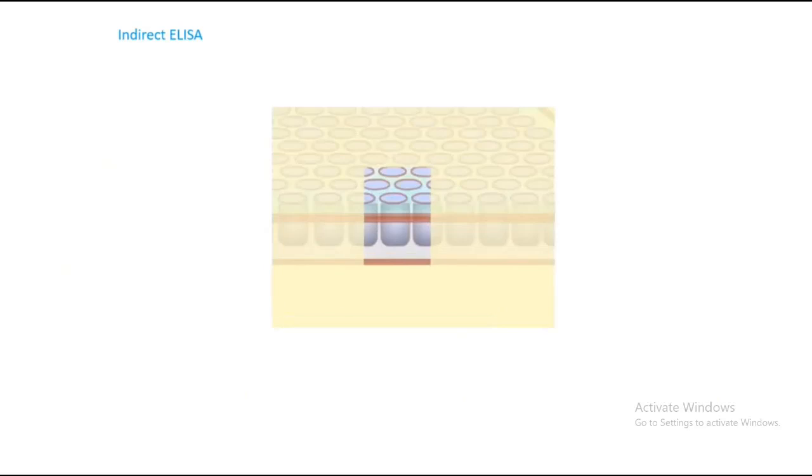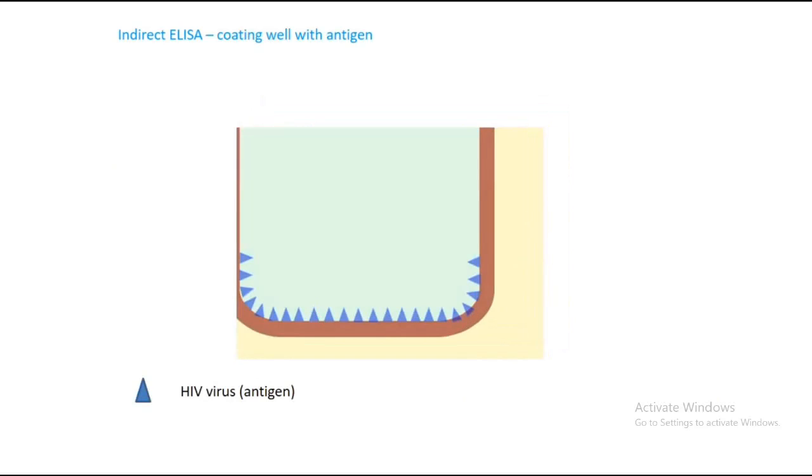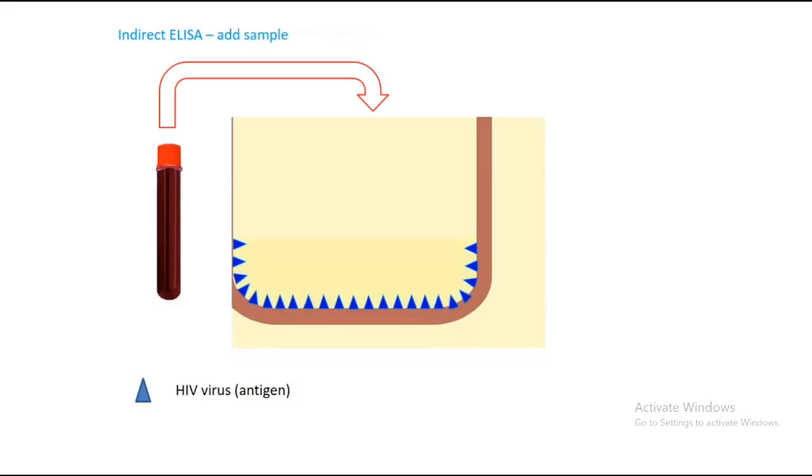So here we have an indirect ELISA. So generally speaking, in an indirect ELISA, the company will provide the antigen attached to the plate. Okay, in this case, the company will attach the HIV virus antigen because we're interested in detecting the antibody. And generally speaking, what will happen is you then add your blood sample.